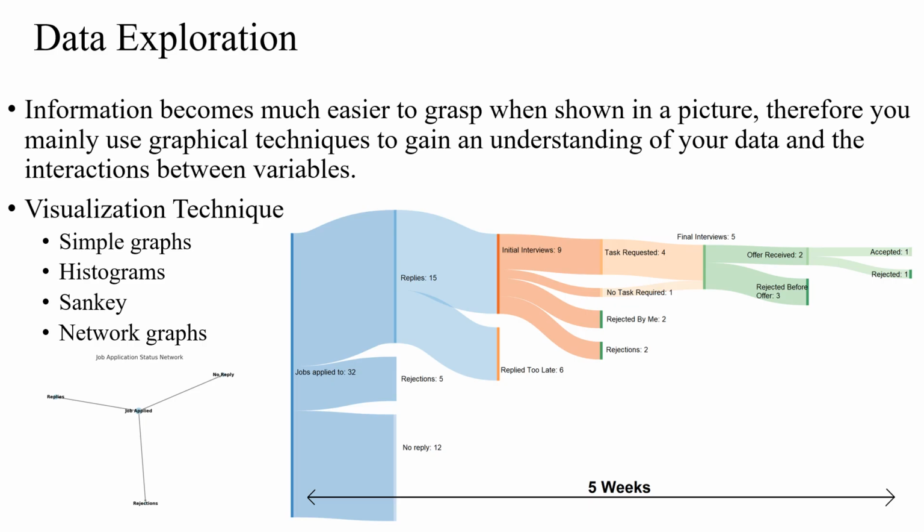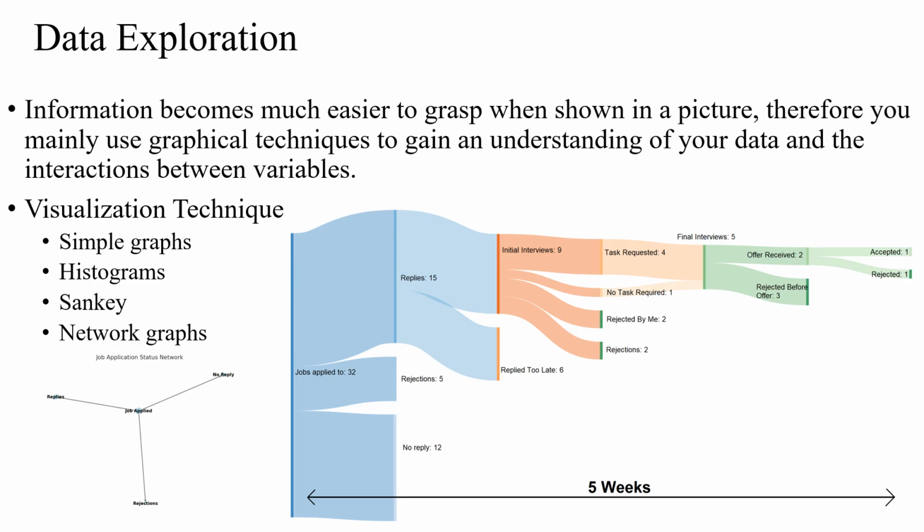For example, let's take the Sankey. This model is called a Sankey. From the picture, one can understand that 32 jobs were applied for. A person applied for jobs at 32 companies.